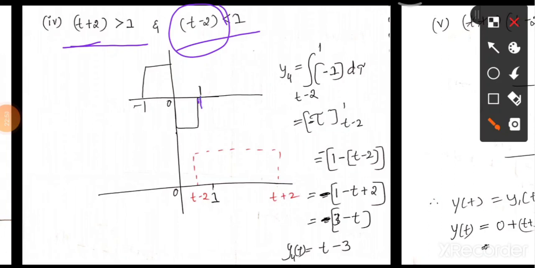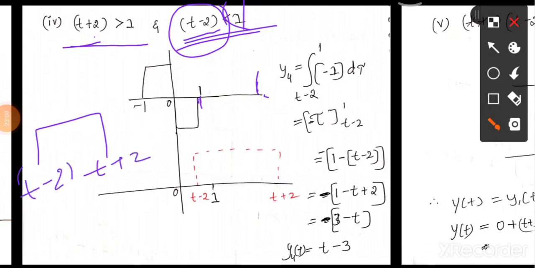Greater than 1 means t plus 2 should be outside; you can place it anywhere after this. The other end of the signal, that is t minus 2, should be less than 1.